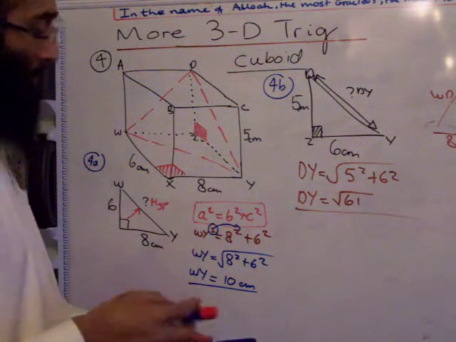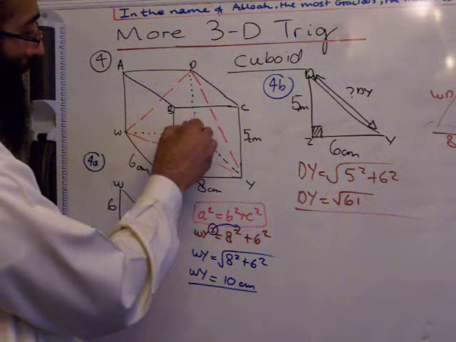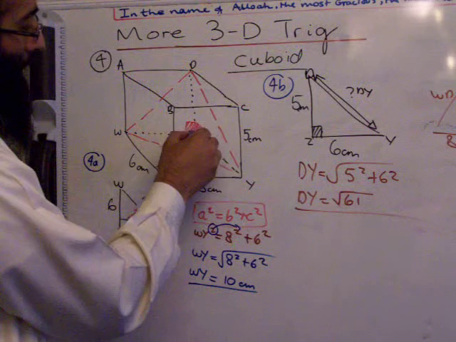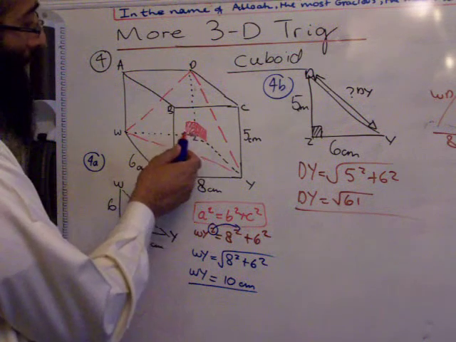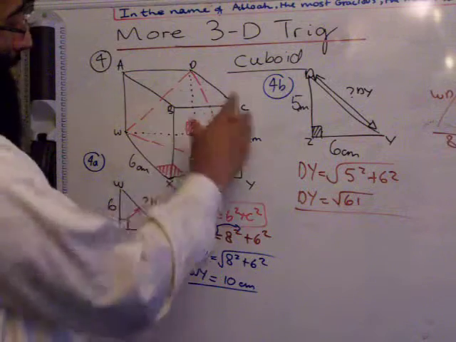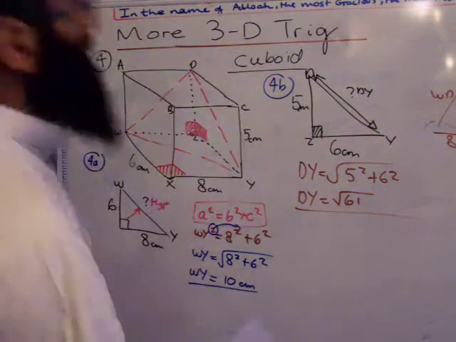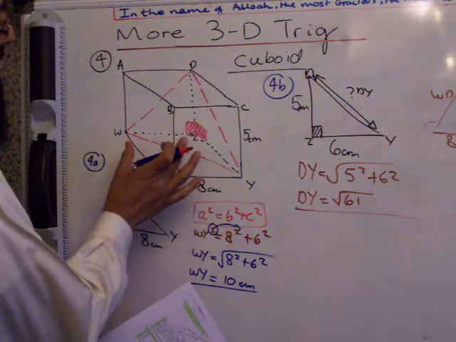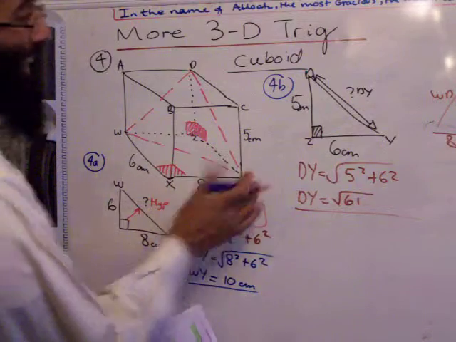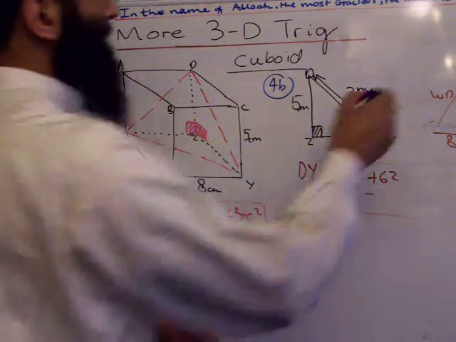Between that length and that length is the corner of the square, which gives you a right angle triangle there. So the height here is the same as the height here, which is 5. And the width here is the same as the width here, which is 8. So this is now question 4C.